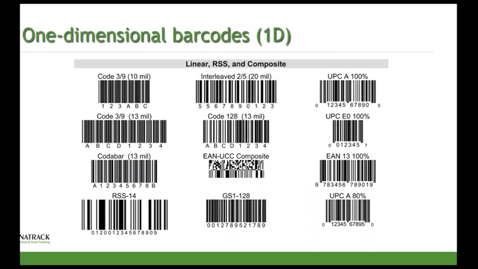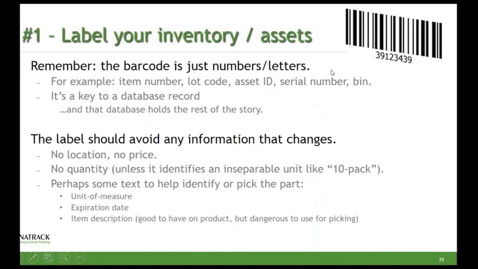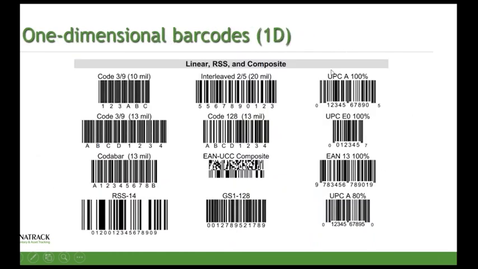Off on the right side is where you see UPC codes for the Uniform Product Council. And you see the A1 that's at the top. And then the other ones are European Article Numbering, which is kind of a variant of that. So each one of these has a different value. The ones on the right tend to be more for retail.